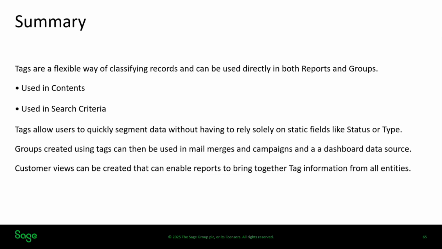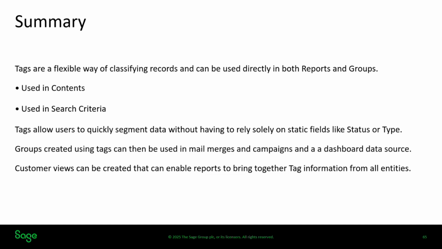So you can write out the column for the project information into the contents or into the search criteria. Tagging allows a user to quickly segment data without having to rely on information that is fixed within the system, like status or type. And the groups using the tags can then be used for any of the purposes that you want.